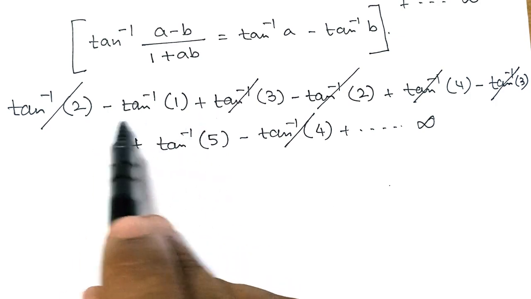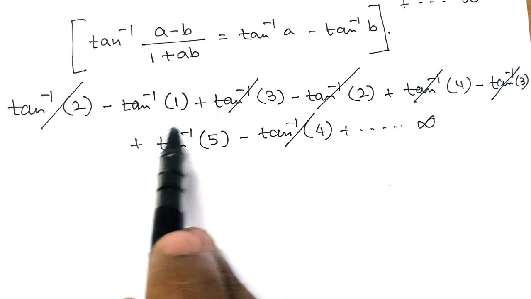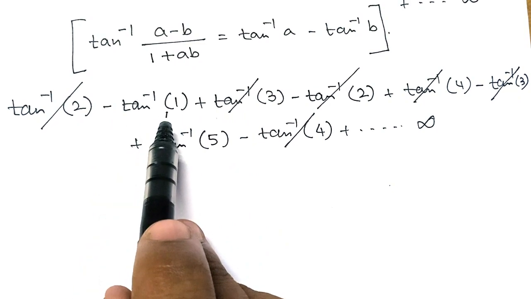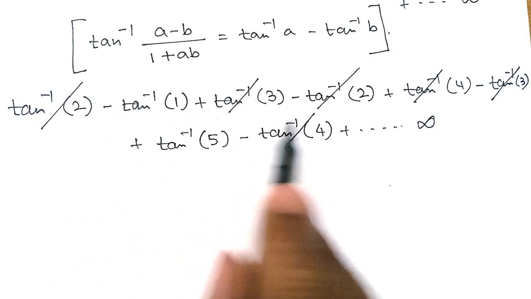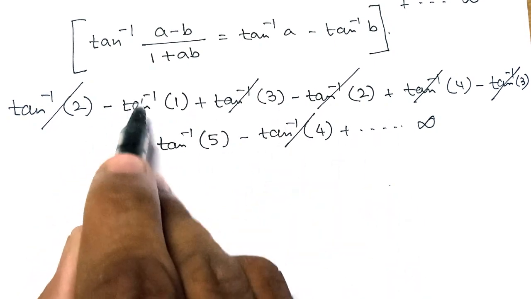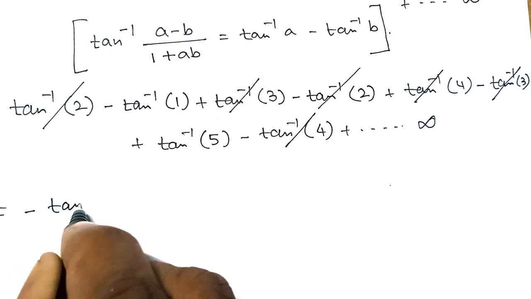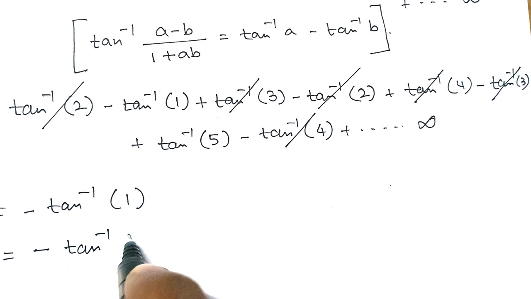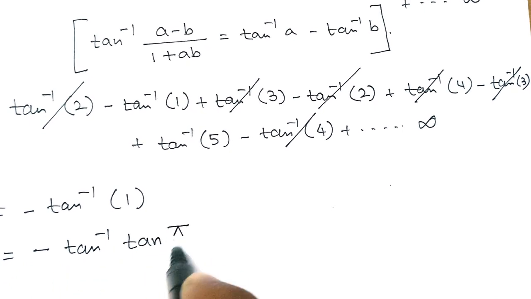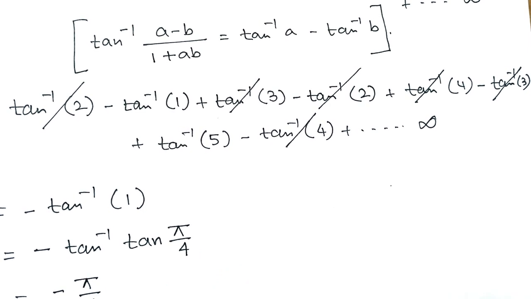Only the minus tan inverse 1 is not having any positive counterpart, so this term cannot be cancelled out. So the whole expression will cancel out except this minus tan inverse 1. So this will be equal to minus tan inverse 1, and we can write this as minus tan inverse tan pi by 4, or minus pi by 4.